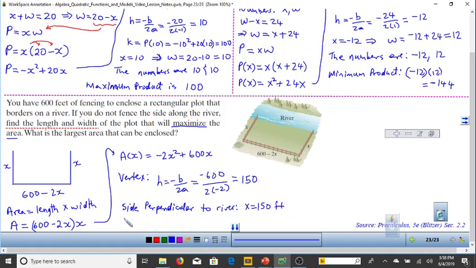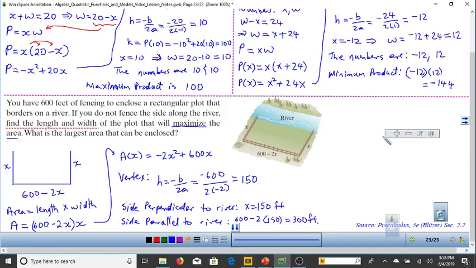And the side that's parallel to the river, which is the other side, is going to be 600 minus 2 times 150, which is equal to 300 feet.